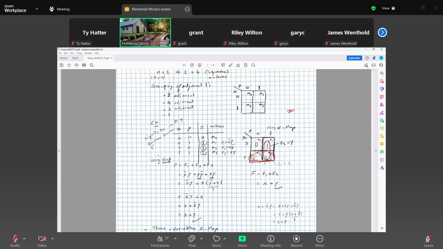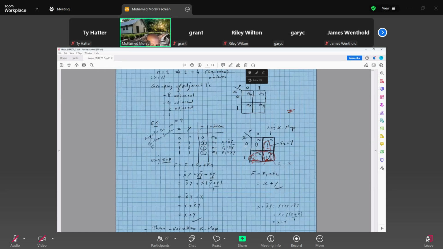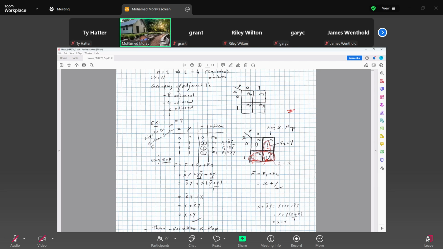Now we look at F2. Within the box of F2, looking towards the x variable, we have 2 values for x here, 0 and 1. What do we do for x? We skip it, since they are different values.